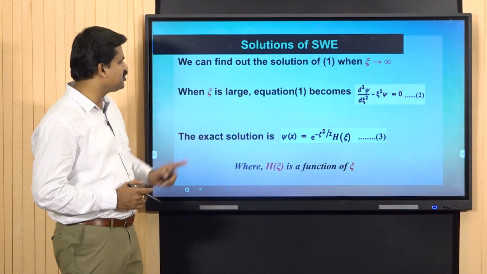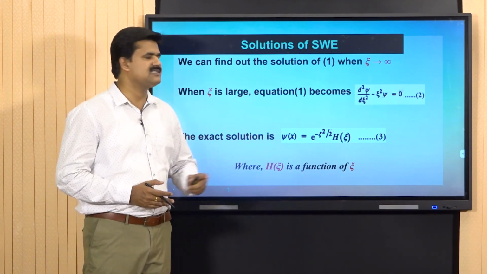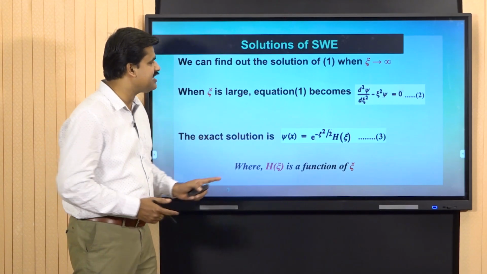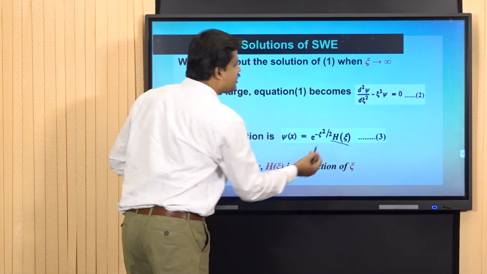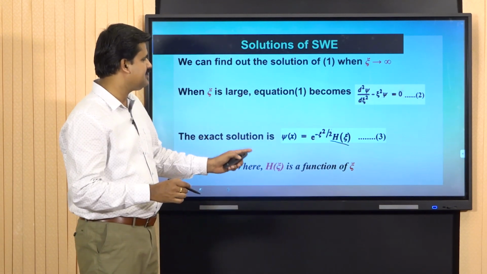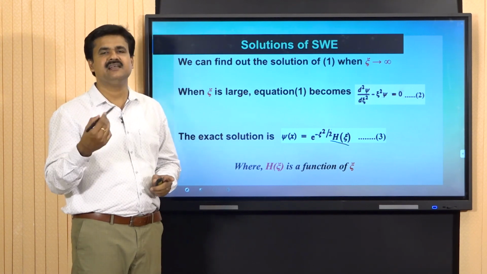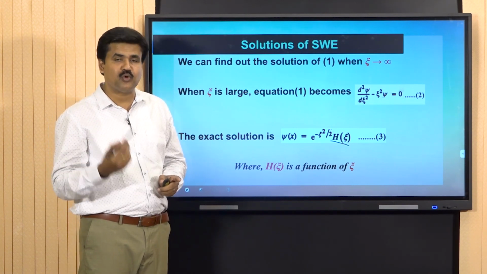The exact solution is psi of xi equal to e raised to minus xi square by 2 times H of xi, where H of xi is a new function of xi, and later we can consider it as the Hermite polynomial form.